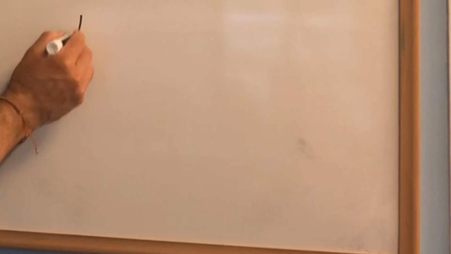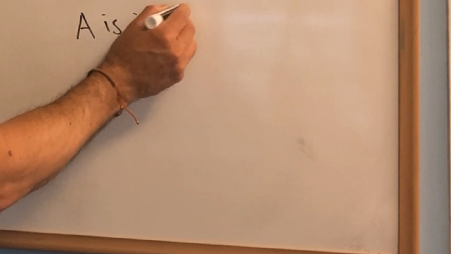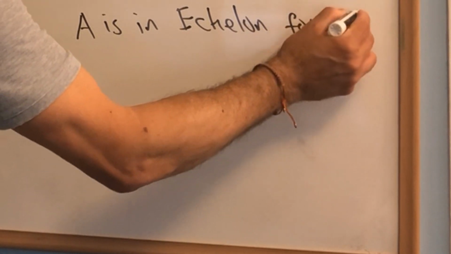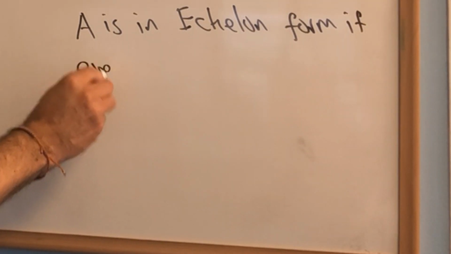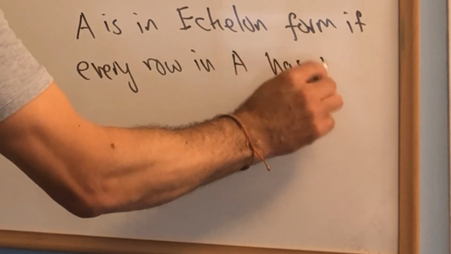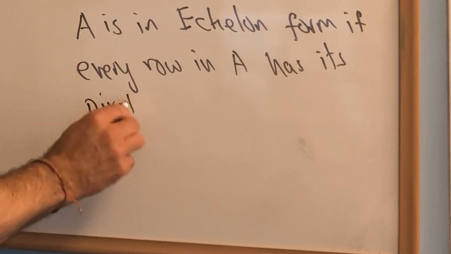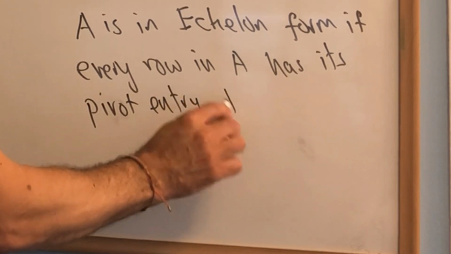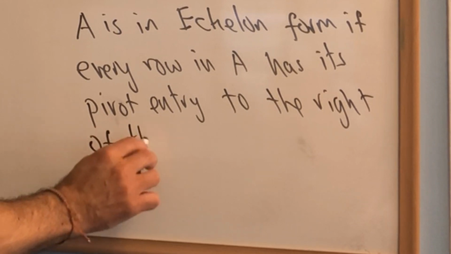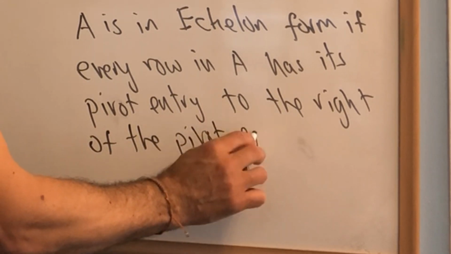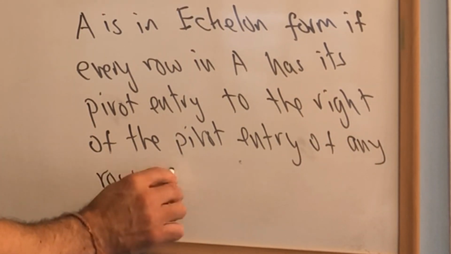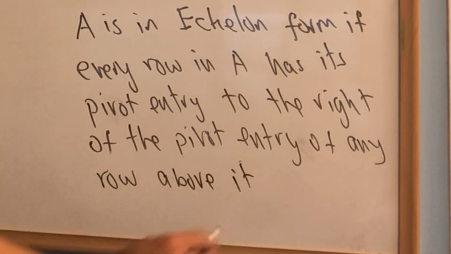In general, we say that A is in echelon form if every row in A has its pivot entry to the right of the pivot entry of any row above it.